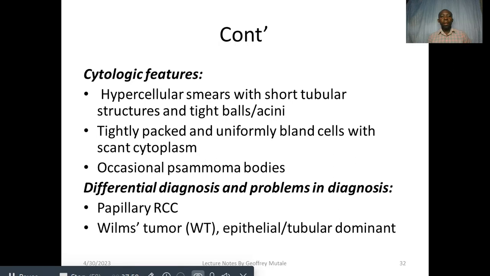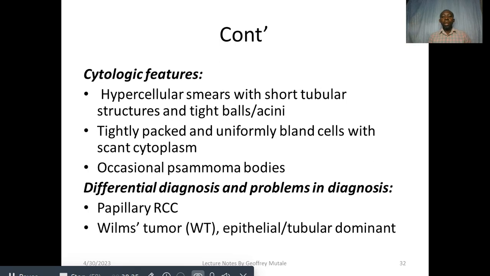Looking at the cytologic features, in this case we expect to have hypercellular smear with short tubular structure and tight ball-like or acinar-like appearance. We also expect to have tightly packed and uniformly bland cells with scant cytoplasm, and occasionally we may encounter psammoma bodies.